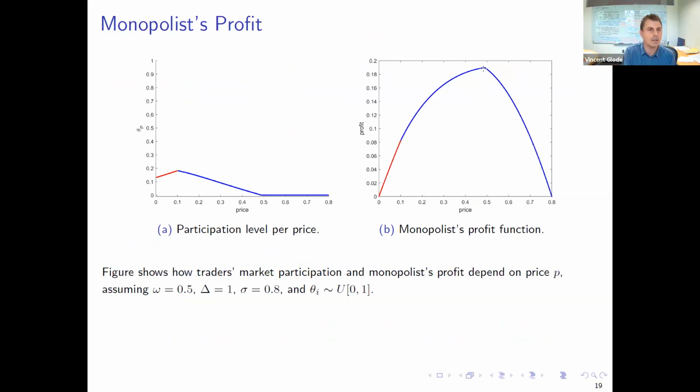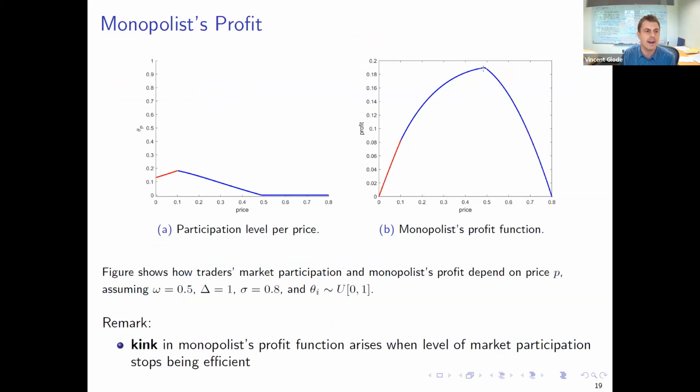What you need to know also is that the kink that you see there arises when the level of market participation stops being efficient. So here, if the monopolist were to lower the price, we would be in an inefficient participation region. And here, if the monopolist were to increase the price, there would be fewer trading advantages, and we would still have full participation.